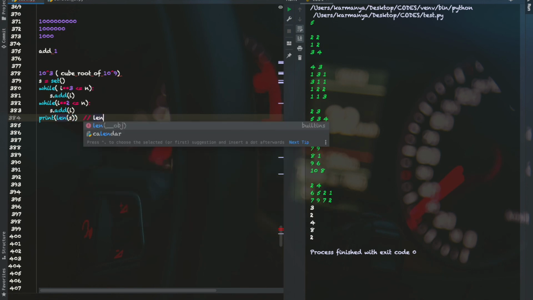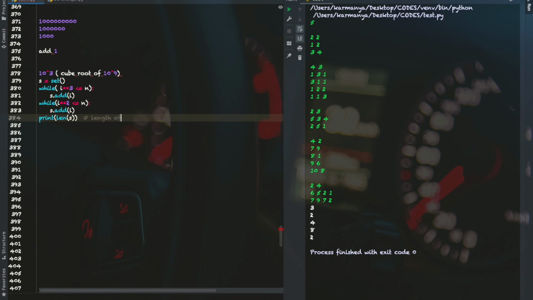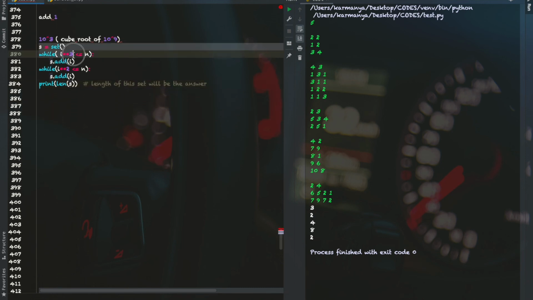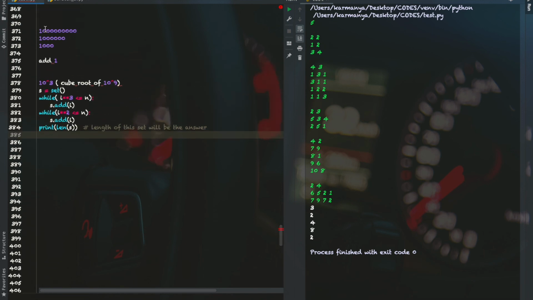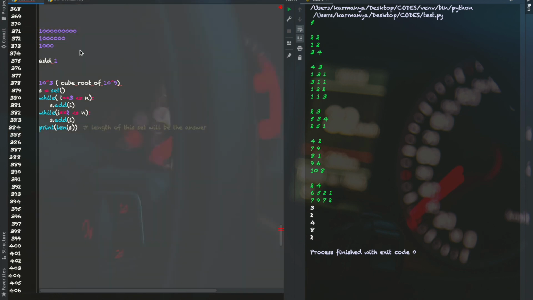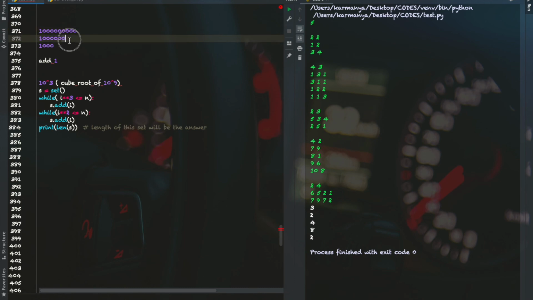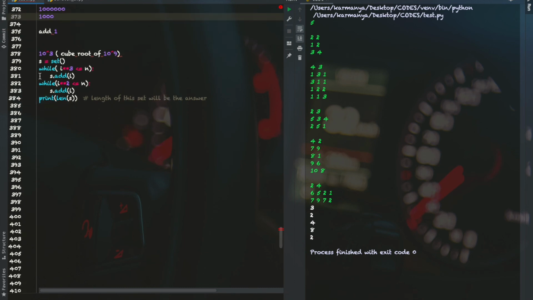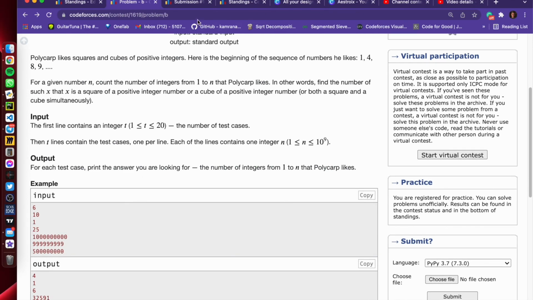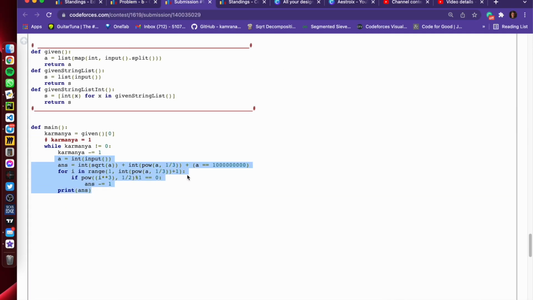The length of this set will be the answer, because the set directly eliminates the duplicates, which include numbers that are both cubes and squares. Earlier I had not taken these three cases into consideration; I had taken only one, so two are remaining. You can proceed like this, or you can proceed the other way with two more considerations, 10 power 6 and 10 power 3.